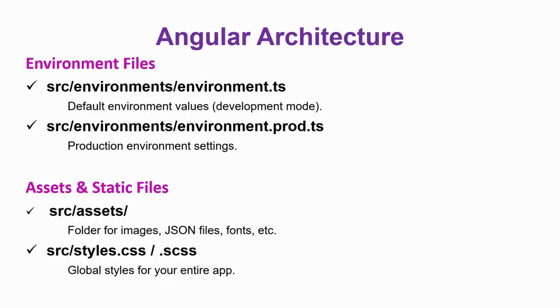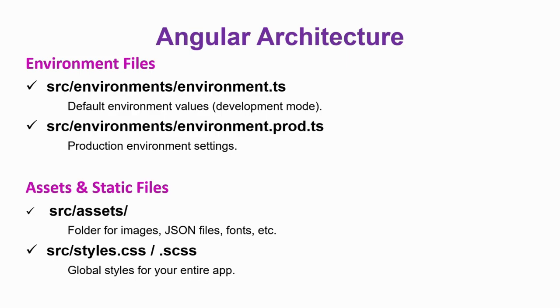The next one is the environment file. Okay, so here you can create the files for environments, like your application is going to be deployed on the dev environment, UAT environment, prod environment, or any other environment. So that environment file you can create, and in that environment file you can give your endpoints and all those things, domain name.